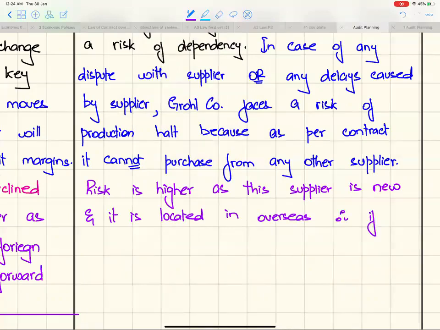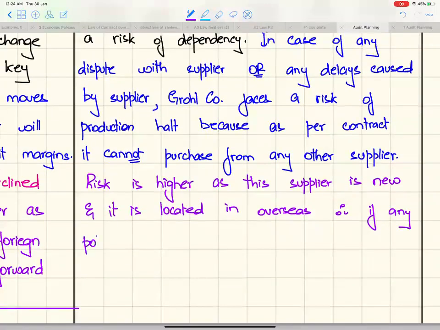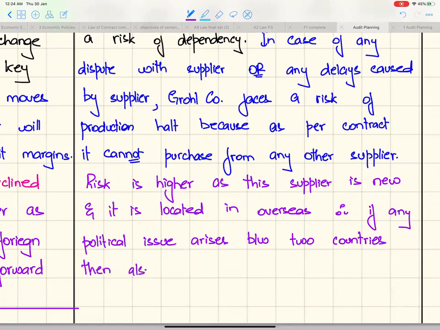Therefore, if any political issue arises between two countries, then also Grohl company production will be affected.